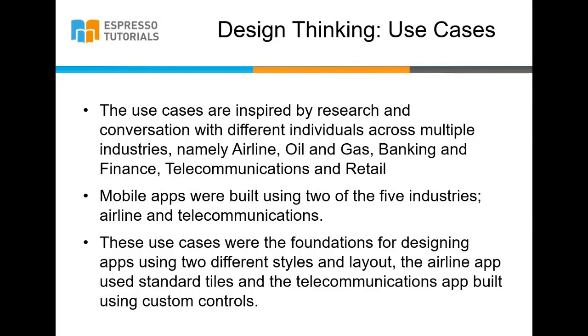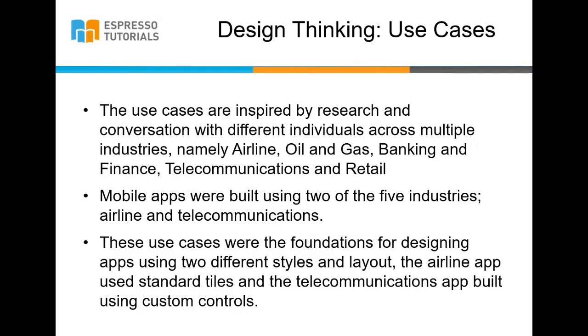So the use cases were the foundations for designing the apps, and there were two different styles and layouts that were chosen when building the use cases. So for the airline app, it used the standard tiles, which is built into OpenUI5, right? That is a part of the SAP.m library.